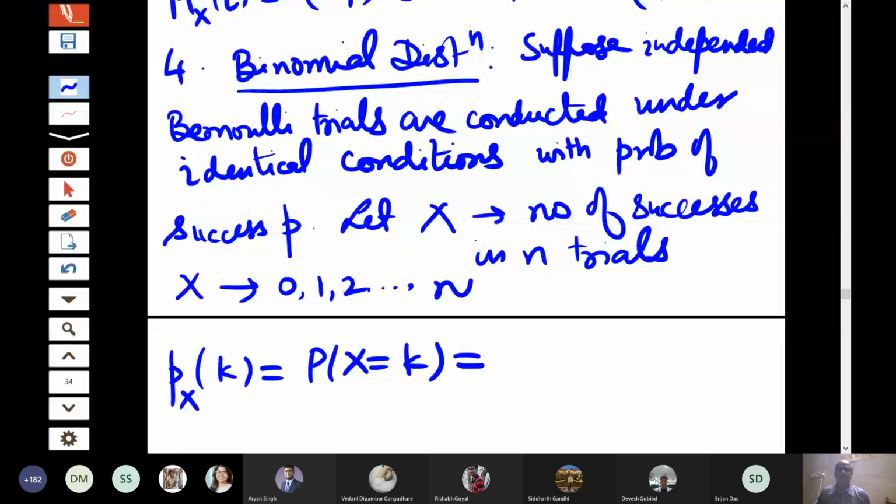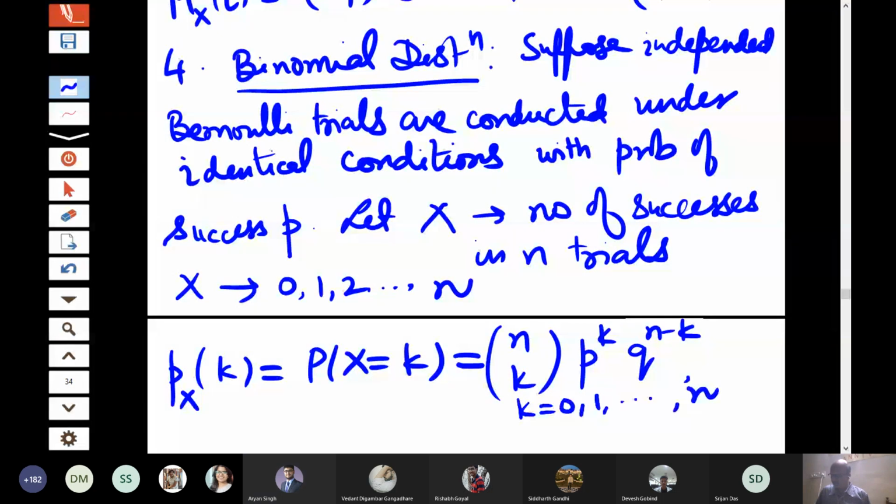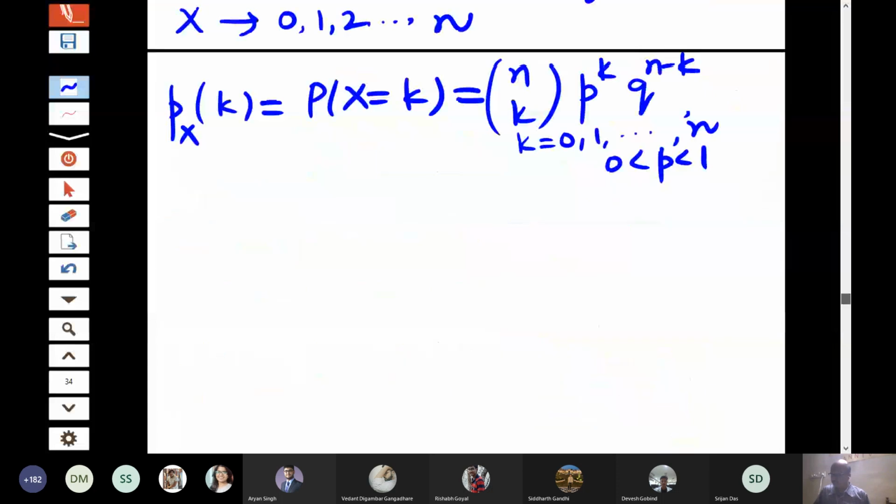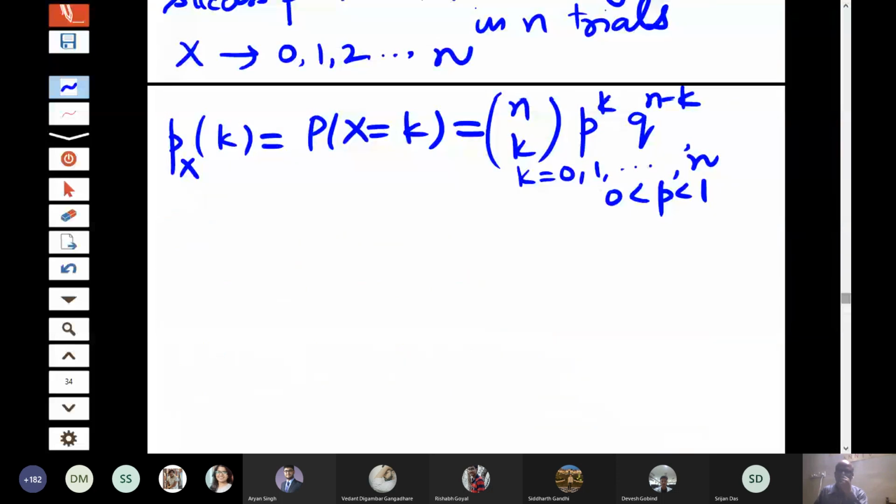Any of you? nCk p to the power k, q to the power n minus k, where k can take values 0, 1 to n and p is between 0 and 1. So this is the so-called binomial distribution.